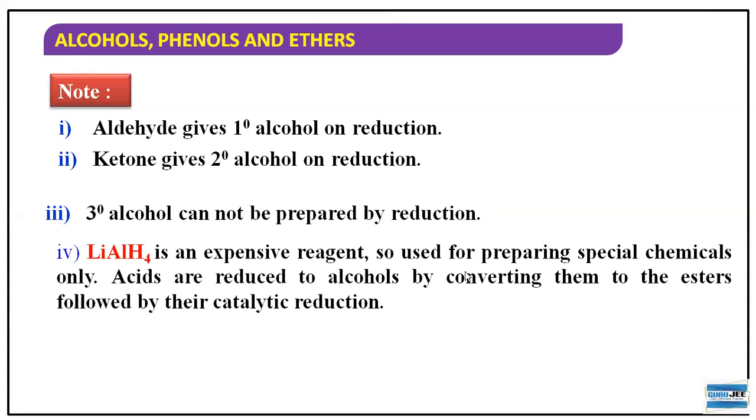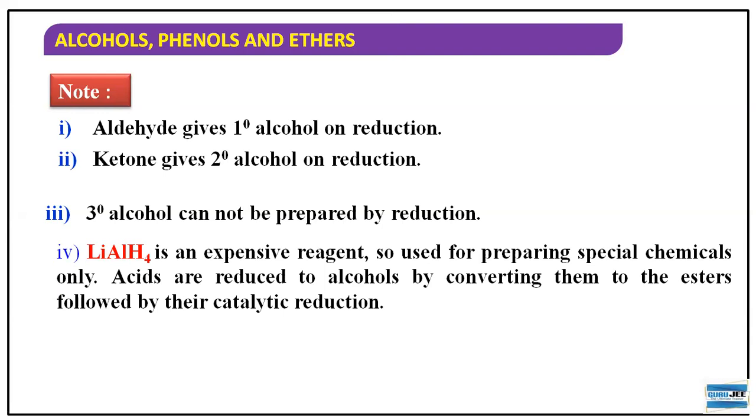Now there is one piece of information: lithium aluminum hydride is an expensive reagent, used only for specific reactions. From acids, when you are preparing alcohol, esters are prepared first and then subjected to catalytic reduction.